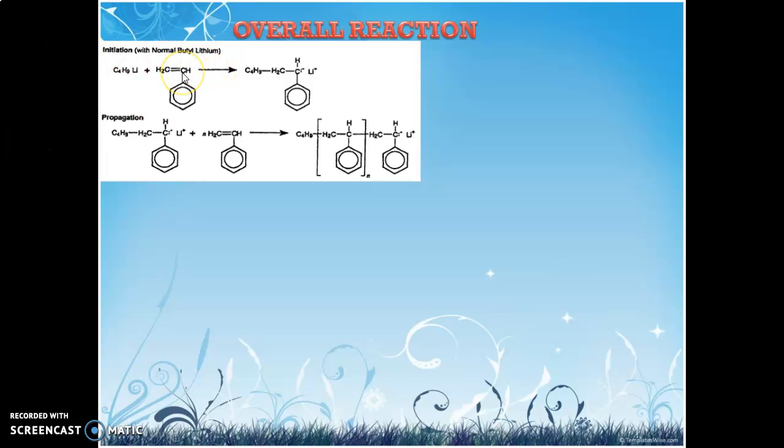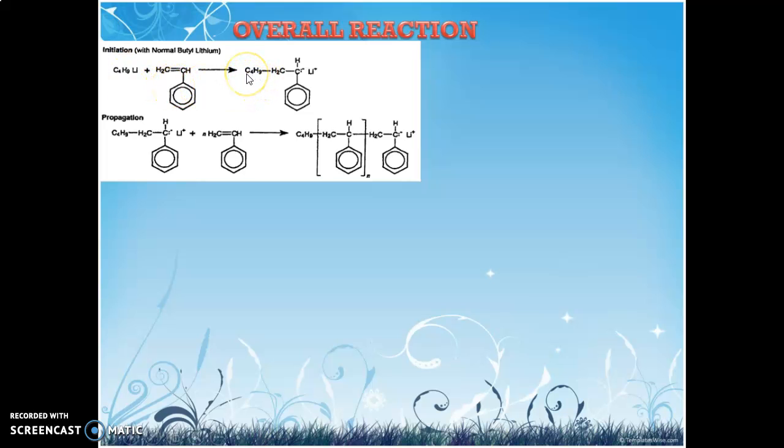Dia tak tunjuk dekat sini step dissociation dengan association. So better for you to show the step for initiation and dissociation of the butyllithium dengan monomer. So this is the association, okay, association between butyllithium and monomer styrene.